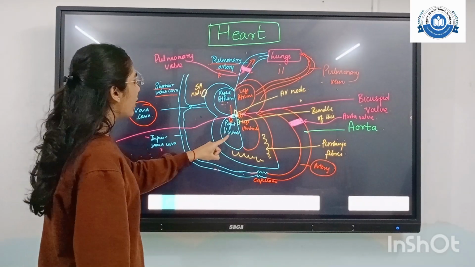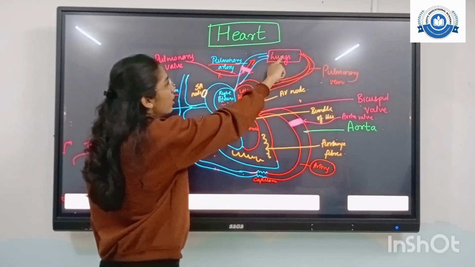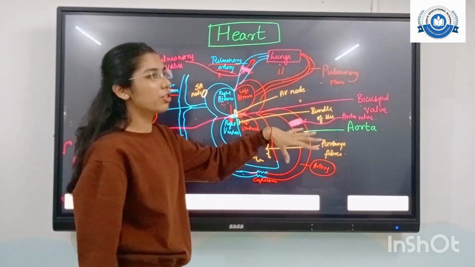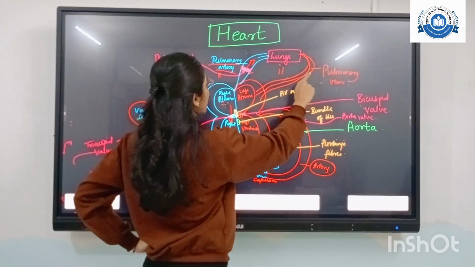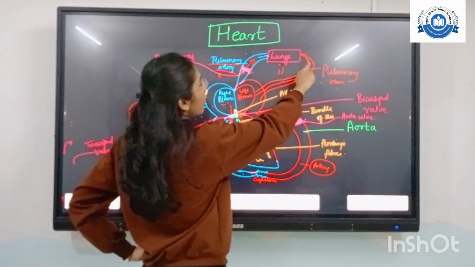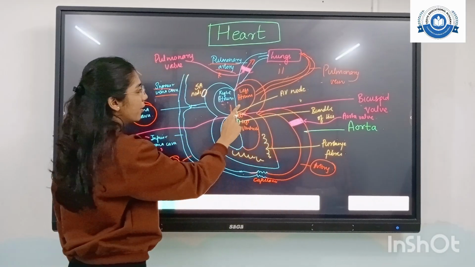Now from the right ventricle, it gets pumped to the lungs. Here the deoxygenated blood gets purified and oxygenated, and after that it goes into the left atrium. So now the blood is oxygenated. This oxygenated blood enters into the left atrium.